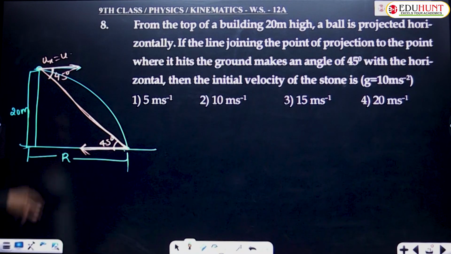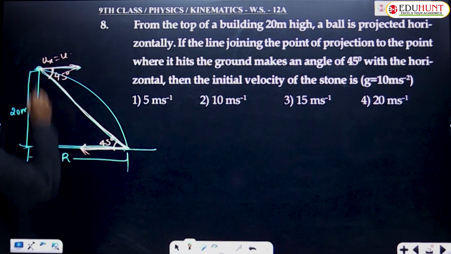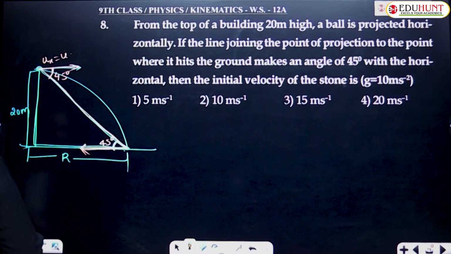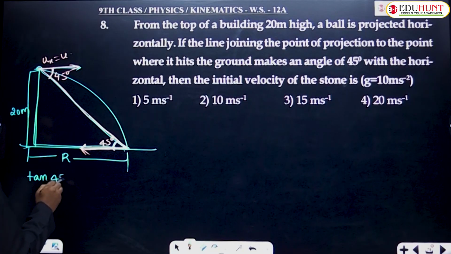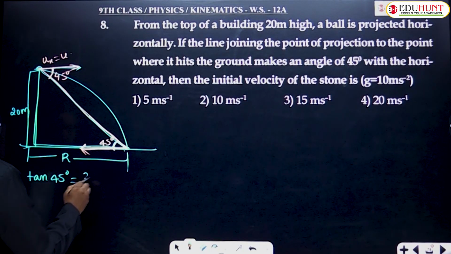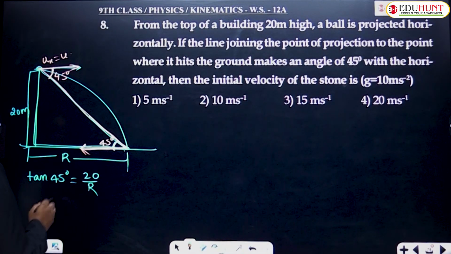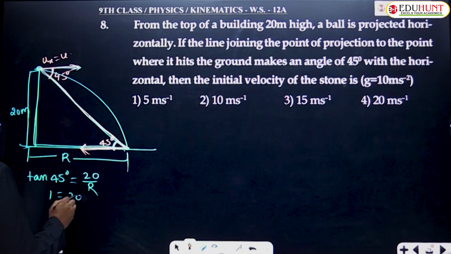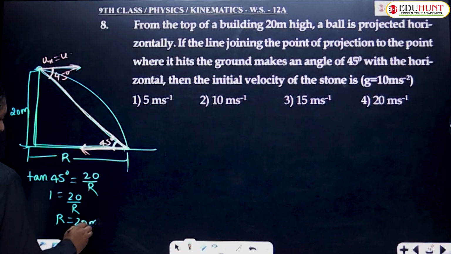From the figure, this is a right angle triangle, and this is 45 degrees. From this right angle triangle, if you consider tan 45, then we have opposite by adjacent. This is nothing but 20 by r. So, tan 45 is 1, equal to 20 by r, or r is equal to 20 meters.